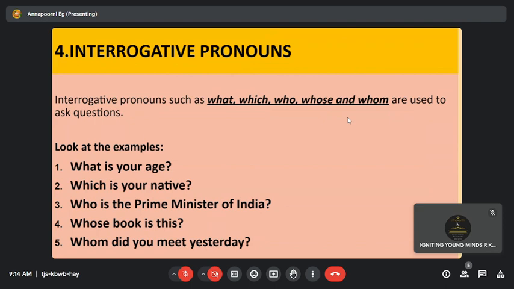What is meant by interrogation? Question. Exactly, questions. So, interrogative pronouns are also words, small question words used to ask questions.